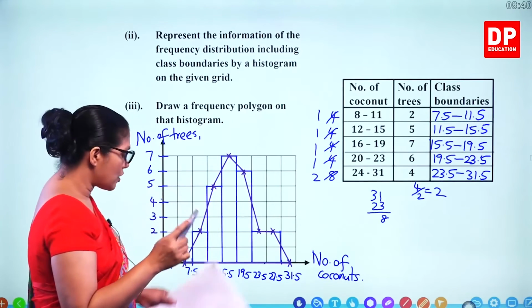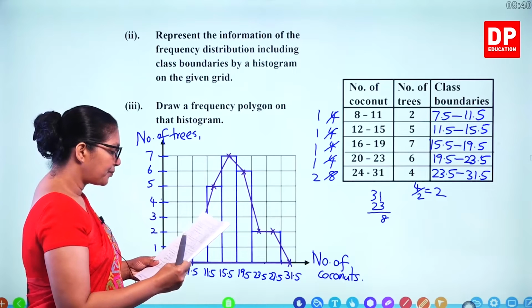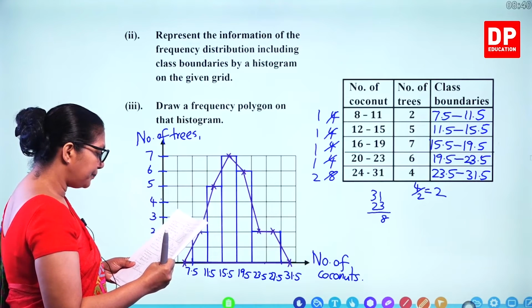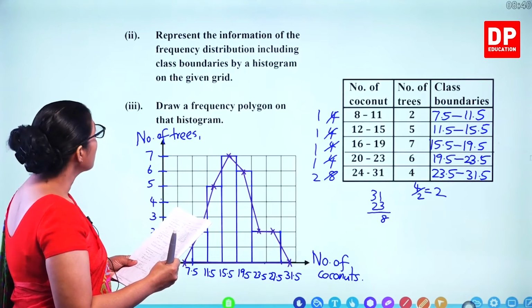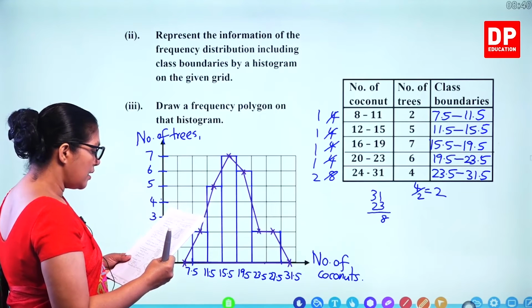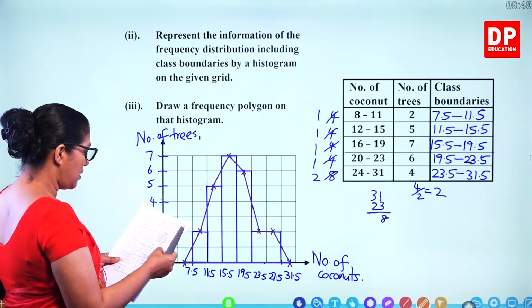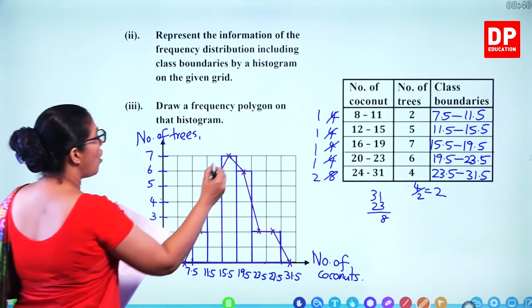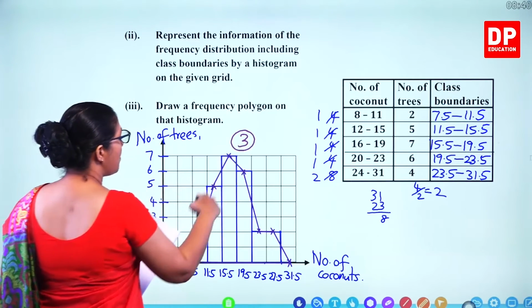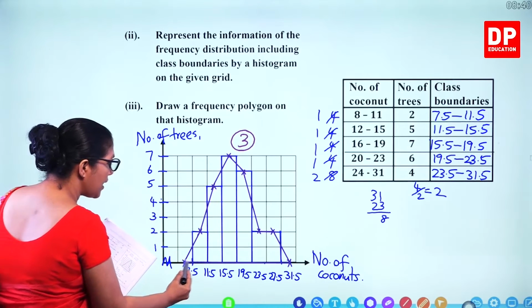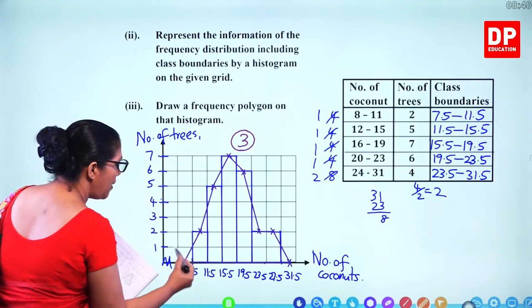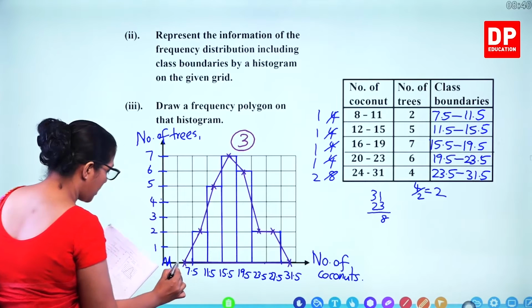So how many marks for those two? This is the third part. 3 marks for the histogram and marking the midpoints, and marking the endpoints, another 1 mark.